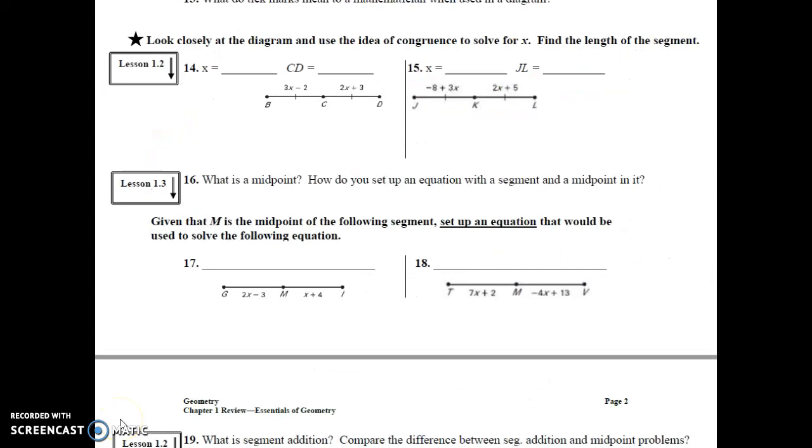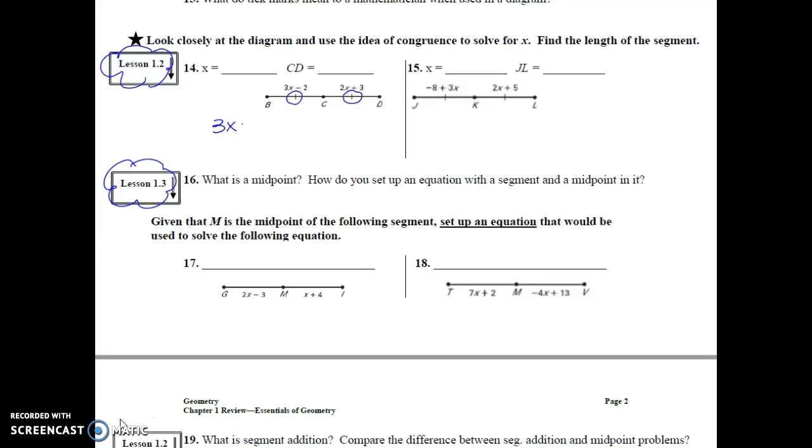In the next section, now you're going to look at lessons 1.2 and 1.3. You're going to talk about congruence. The one thing I want you to remember is that you always need to read the directions so that you get all of the information. You also need to read the diagram. So for example, in question 14, they give you these tick marks right here, and as soon as you see those tick marks, you know that those 2 parts are congruent.